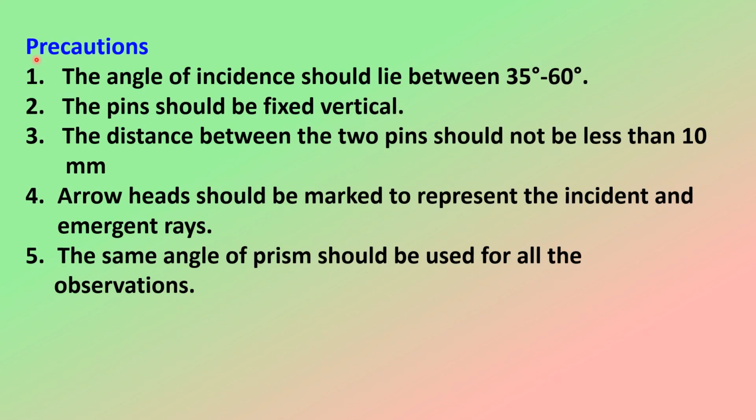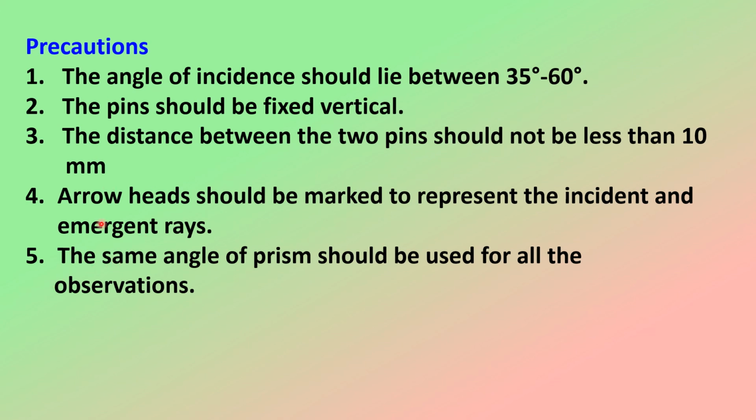So these are the precautions to be taken while doing the experiment. See here, the angle of incidence should lie between 35 to 60. We have taken like that only. The pins should be fixed vertical. The distance between the two pins should not be less than 10 millimeters.